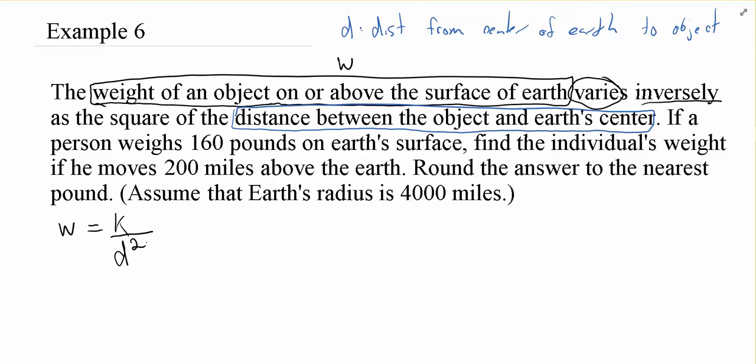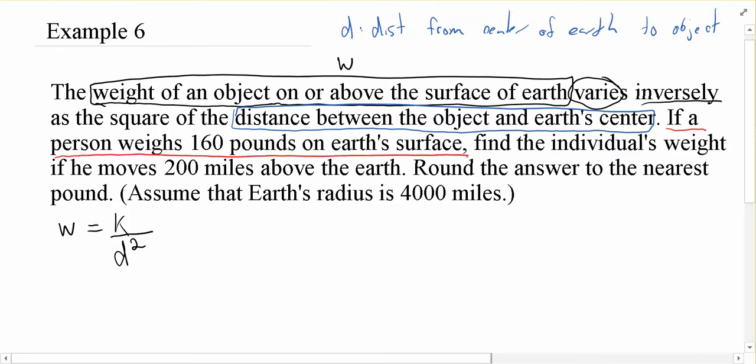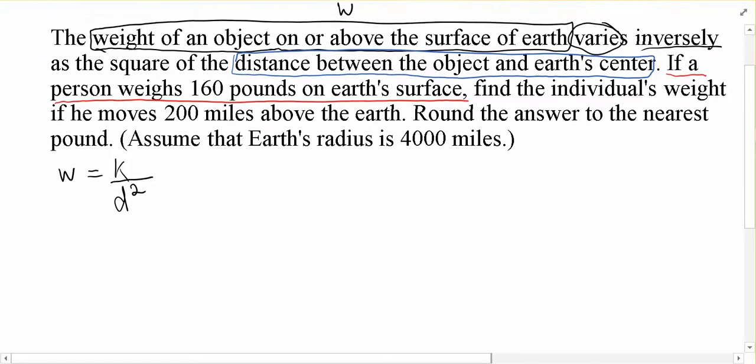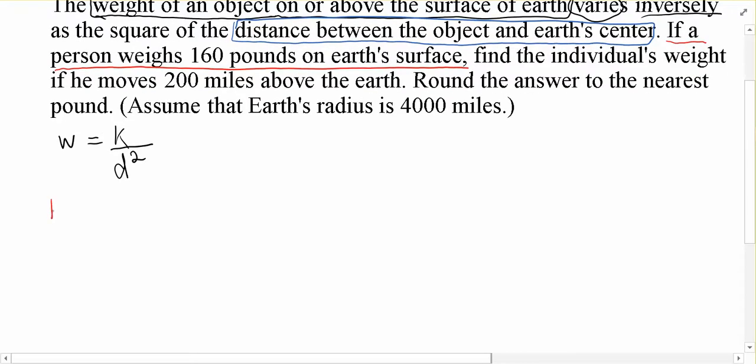Now the next part's a little bit tricky. We're supposed to plug in a known piece of information. Typically it's going to be the next sentence you come across, and sure enough it is in this case. We're told that the person's weight is 160. So there's their weight. Now the distance is a little bit tricky.